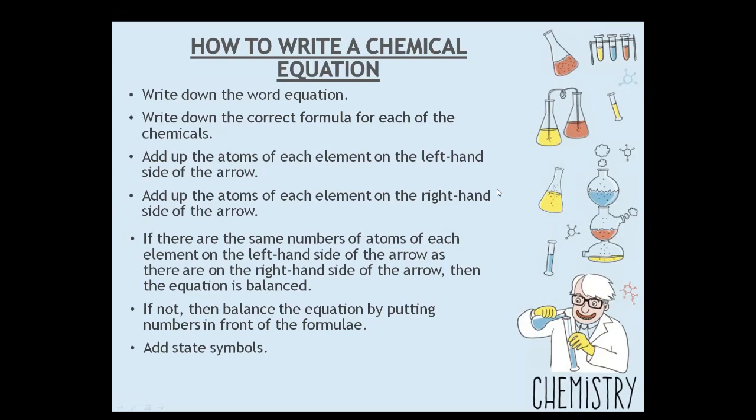When you add up the number of atoms, if there are the same number of atoms of each element on the left hand side of the arrow as there are on the right hand side, then the equation is balanced.